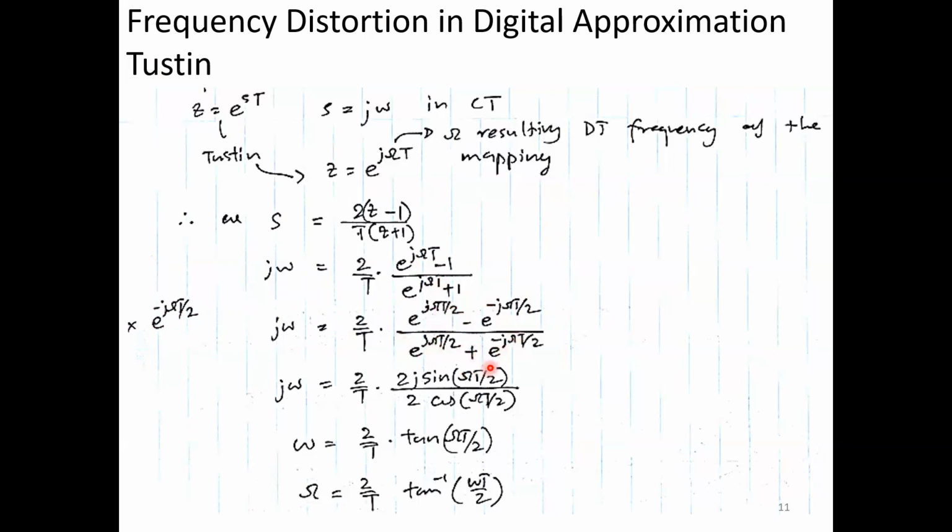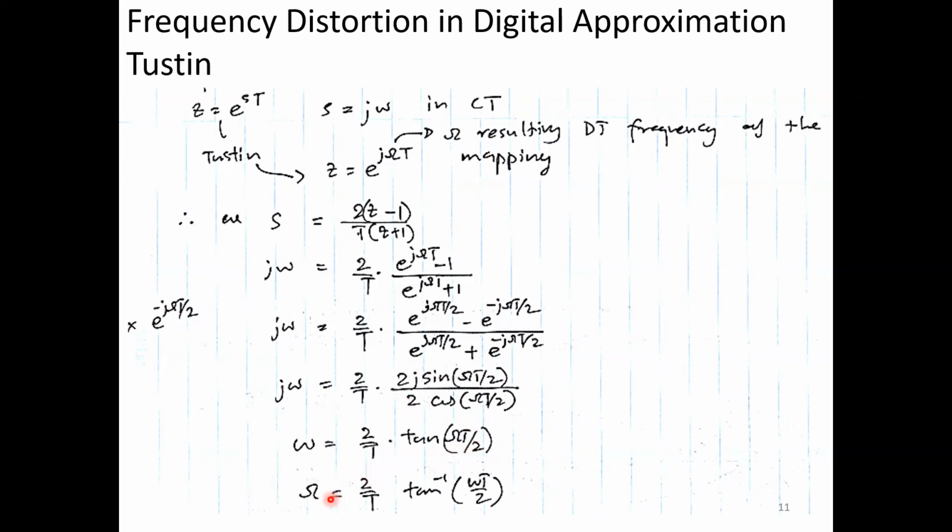So now you get 4 terms, 2 in the numerator, 2 in the denominator, with very similar exponents, j omega t by 2, sometimes minus, sometimes plus. If you look at the numerator, this is actually 2j sine omega t by 2. And in the denominator, this is 2 cos omega t by 2. Sine and cos. So then 2 cancel out, and this becomes tan omega t by 2.